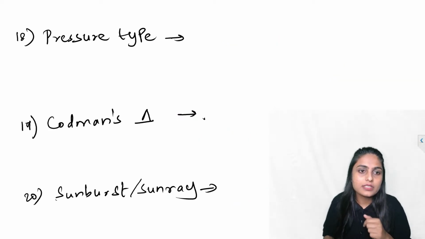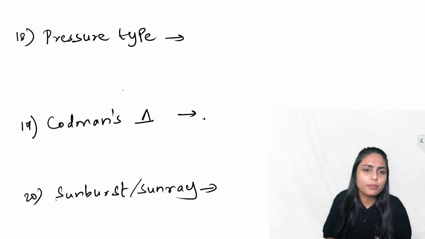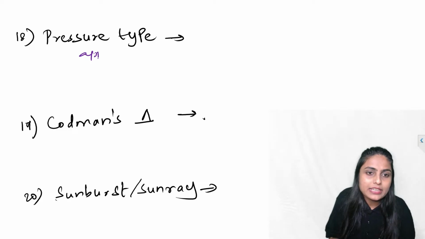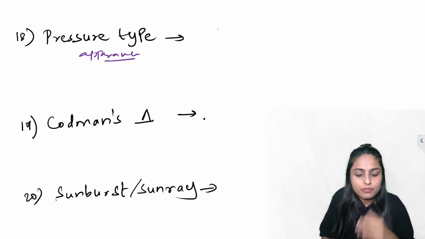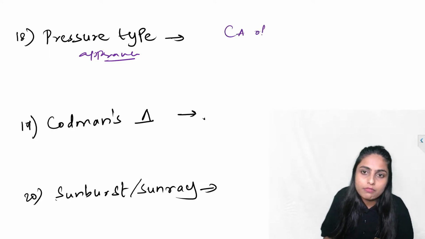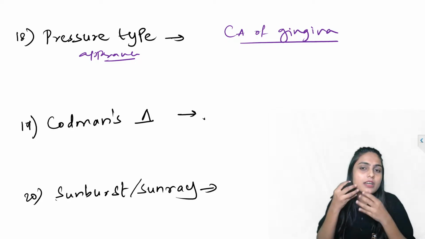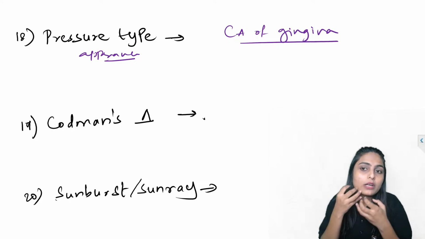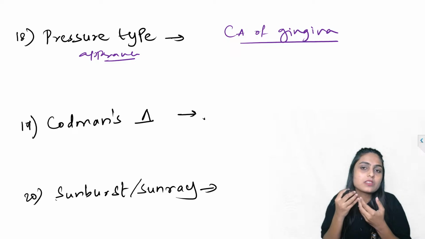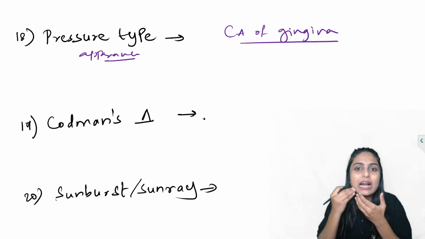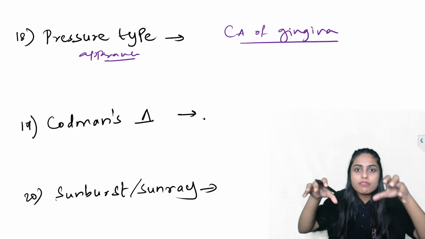Next, we have the pressure type appearance. This is new. Pressure type appearance is first of all seen in carcinoma of gingiva. What happens is there is an overgrowth of gingiva, so due to pressure of that growing mass, there is erosion of underlying bone.